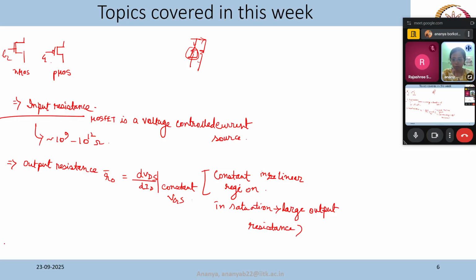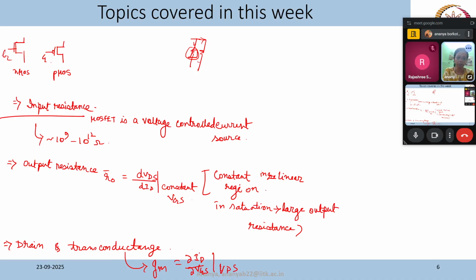There are a few other terms that we discussed: drain conductance and transconductance. So transconductance is denoted by this term, which is dId by dVGS, at a constant VDS. Okay, I have already discussed why we call it transconductance. What is conductance? Why do we call it transconductance?